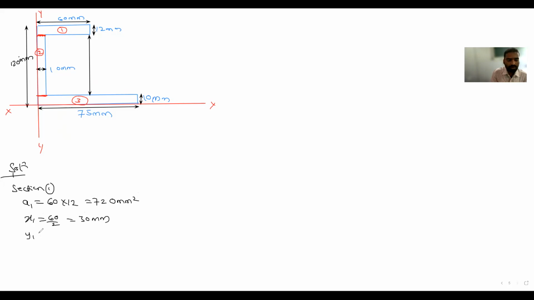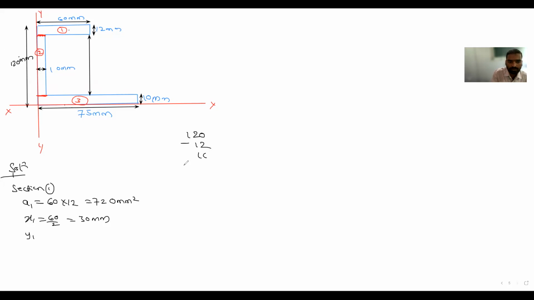Then y1 is the CG of the first section from the bottommost reference axis. From this to this, how much is the CG? See, the total height is how much? 120? Total height minus the top flange, minus the bottom flange.